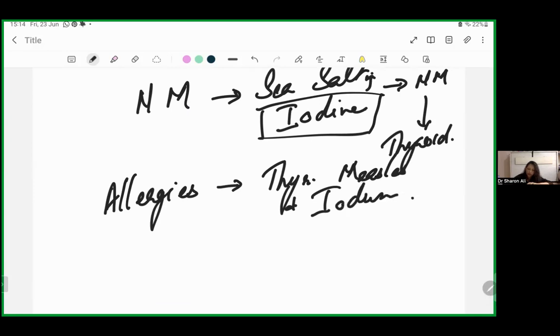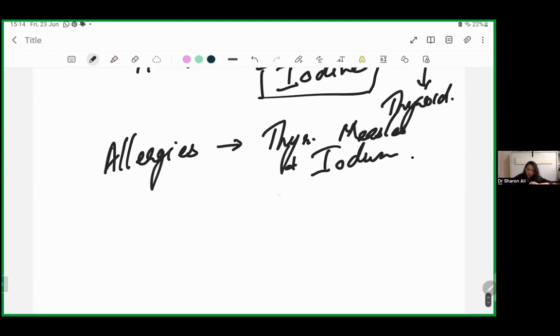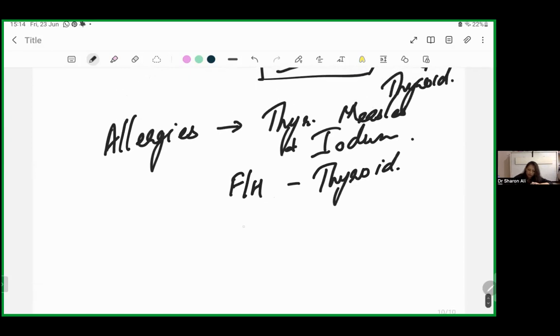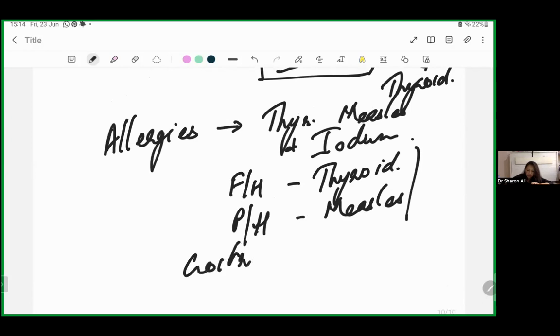I would like to add a tip to this. If there is a family history of thyroid, or if there is a past history of measles, you can give the related remedy for goiter or thyroid affections plus allergies.